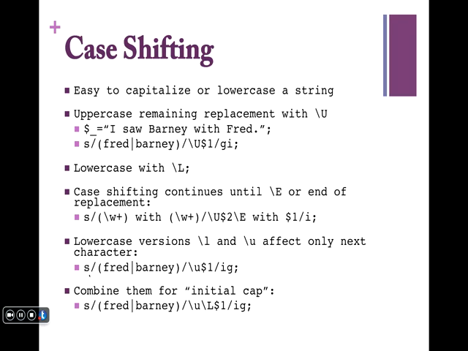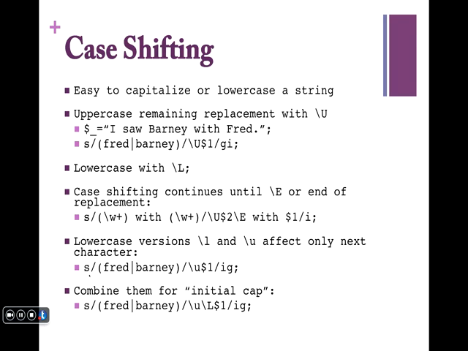Now what I am doing, and here you have to remember I'm using parentheses, so I am activating the $1 memory variable, I am saying whenever I see the word Fred or Barney, I follow it with a new string. The new string will be in $1, but I have a \U in front of it, which means make it all capital.